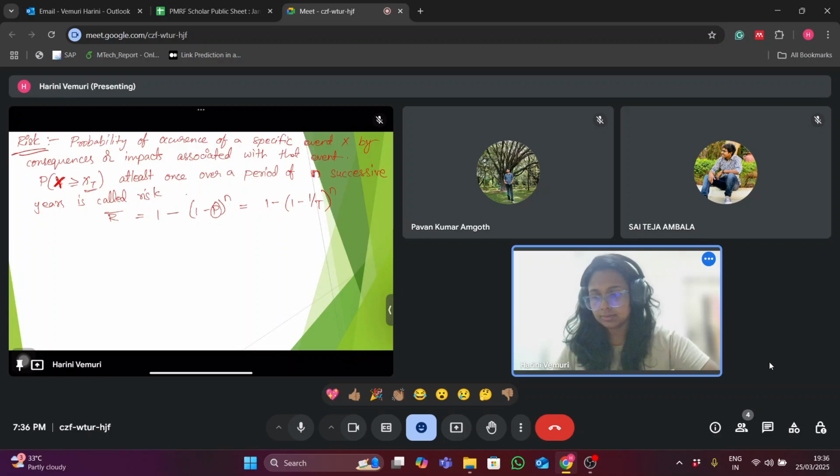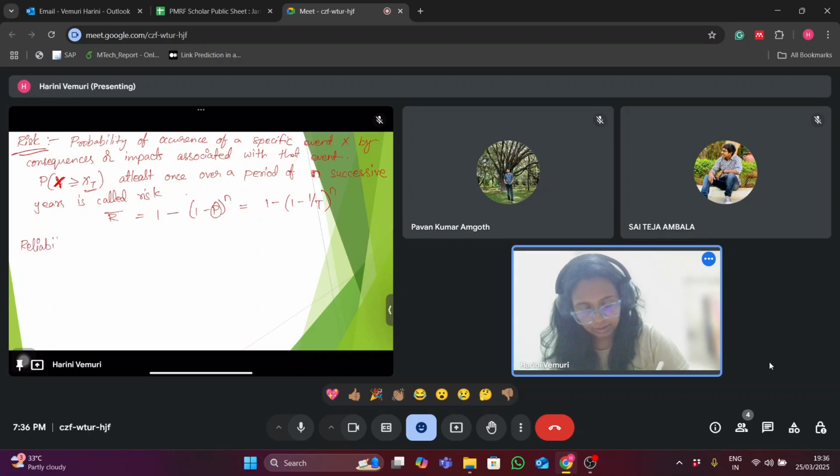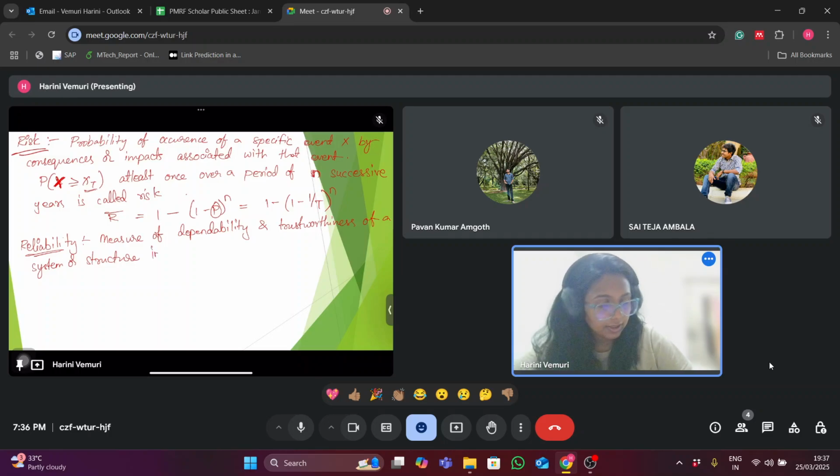And now we'll look into a few other terms like reliability. It is the measure of dependability and trustworthiness of a system or structure in withstanding extreme events.